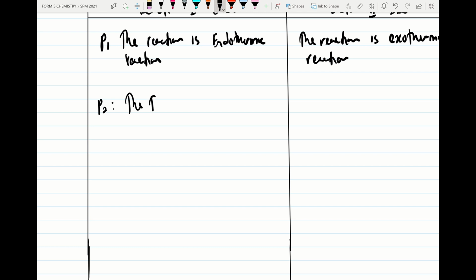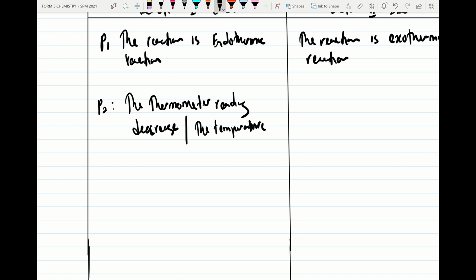So the thermometer reading in this reaction, I put here, the thermometer reading decreases, or students can write the temperature of surrounding decreases.